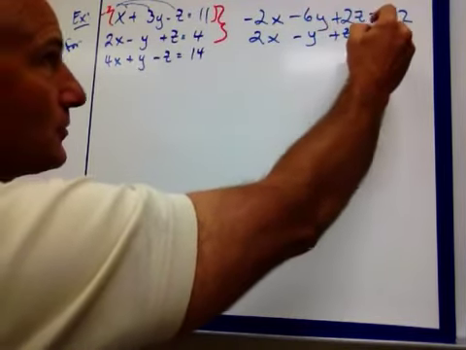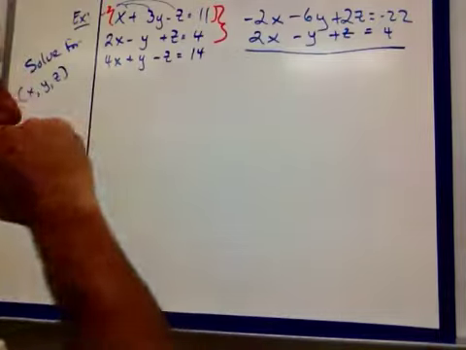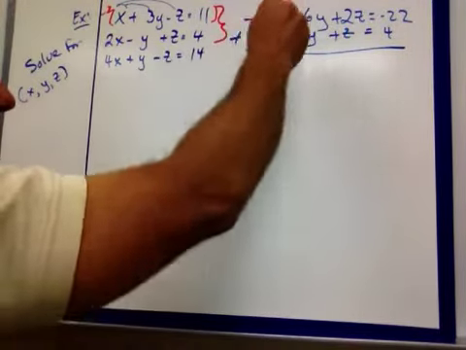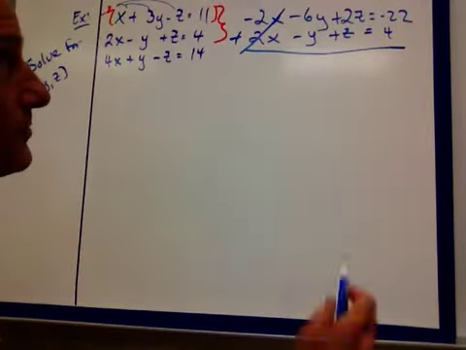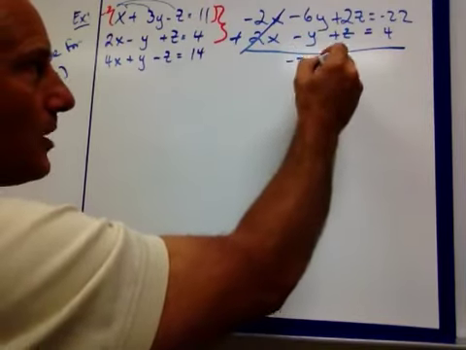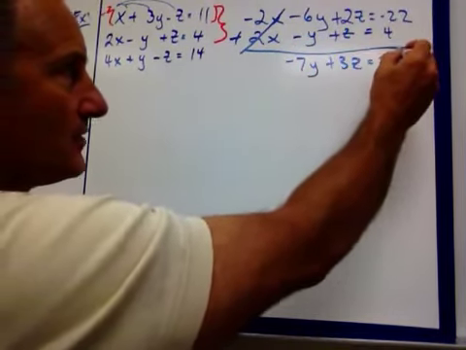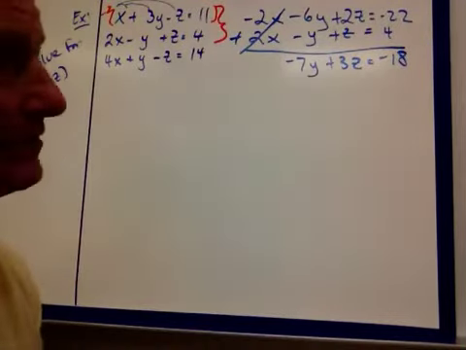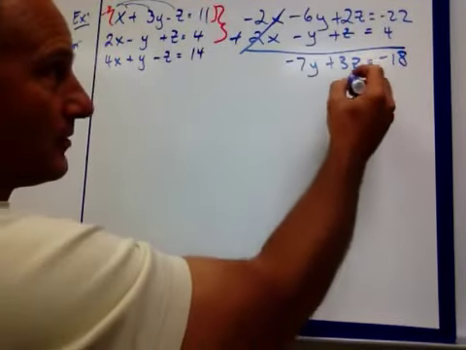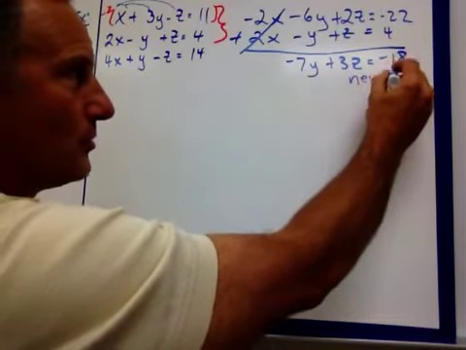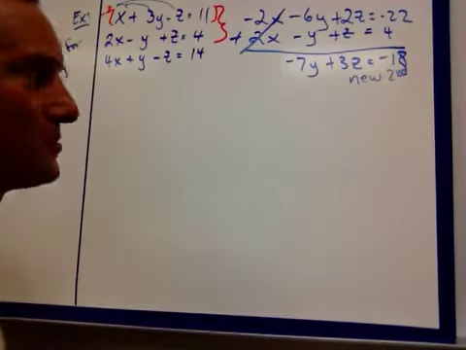This should look similar to what we've been doing here in the last section. Now we add them up, elimination method, boom, our x's are gone. I get -7y plus 3z equals -18. Be careful with your signs, check your arithmetic here. This is what we're going to call our new second equation.